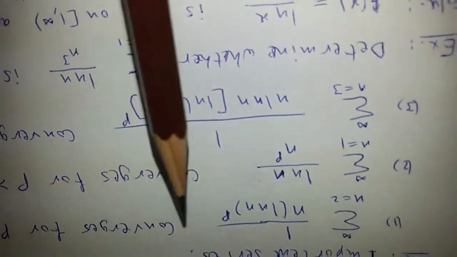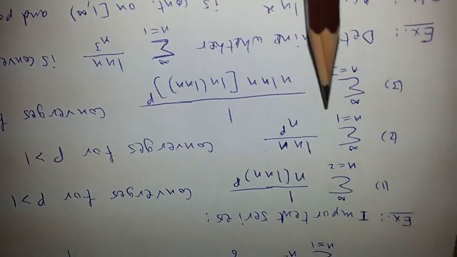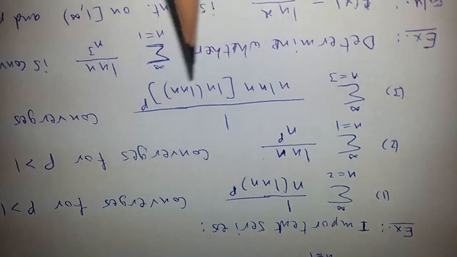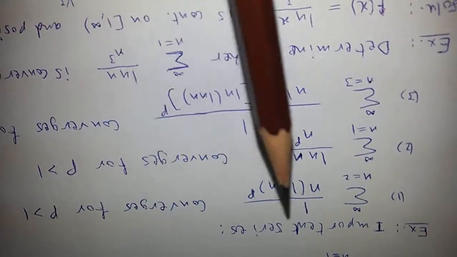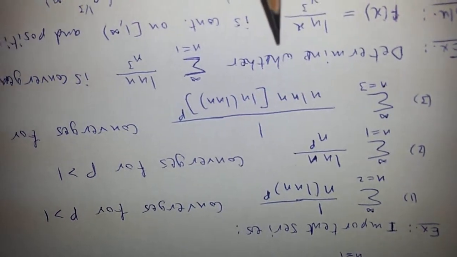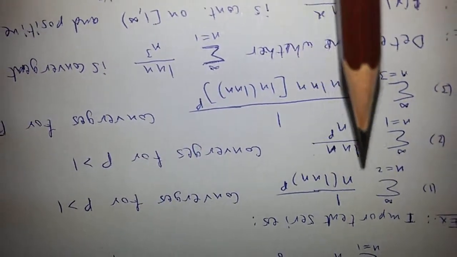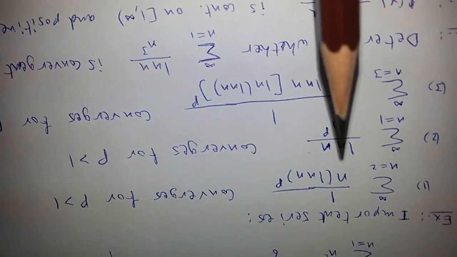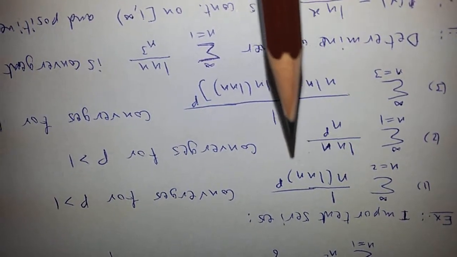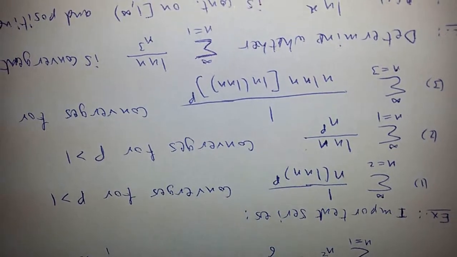These are three typical series in which only the integral test can be used. So it's better if you memorize them or remember them. Remember that this series converges for p greater than 1: you have n multiplied by ln n to the power p.